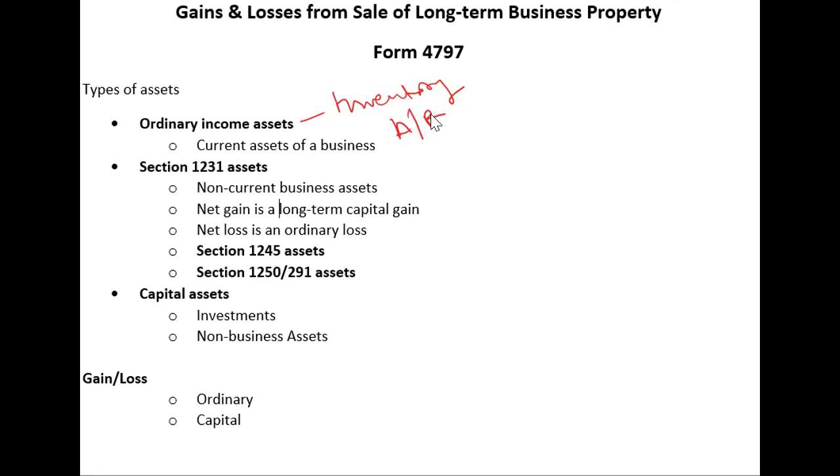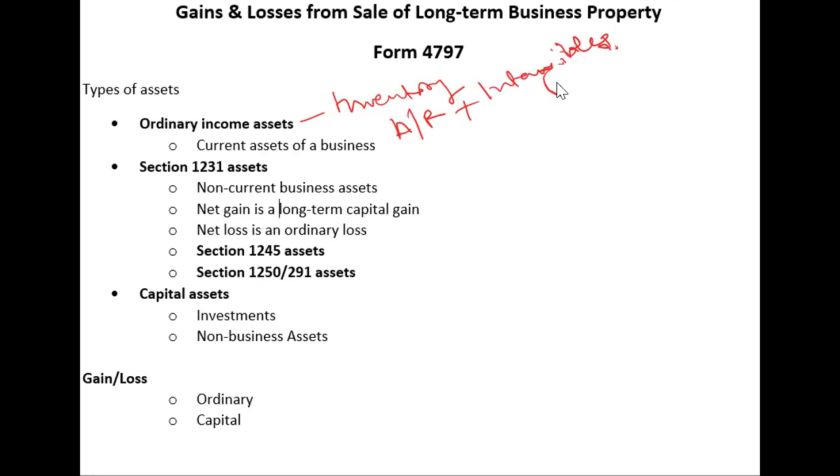These all are treated as ordinary income. So basically, inventory, accounts receivable, and you can say the intangibles also come in.